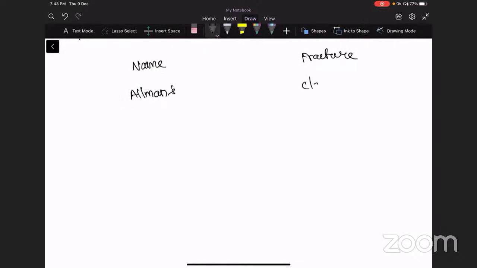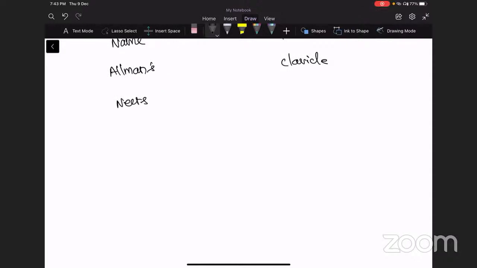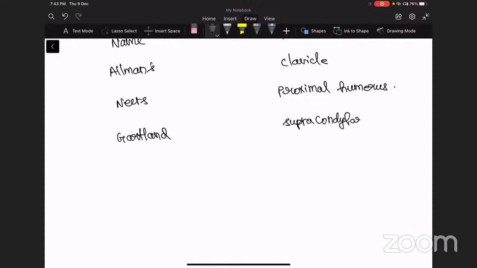Allman's classification is for fracture clavicle, most common fracture overall. Mears classification is for fracture proximal humerus. Gartland classification is for supracondylar humerus.